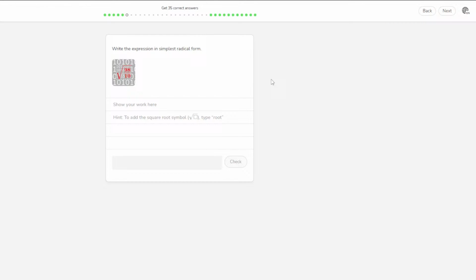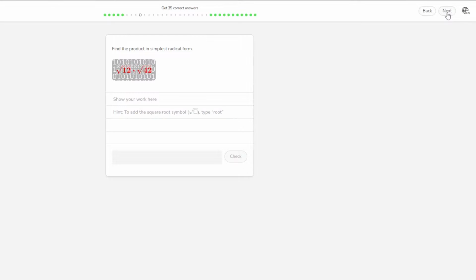Write the expression in simplest radical form. I'm gonna do the radicals last. Find the product and simplify. I can do that. B7, negative 9B5.